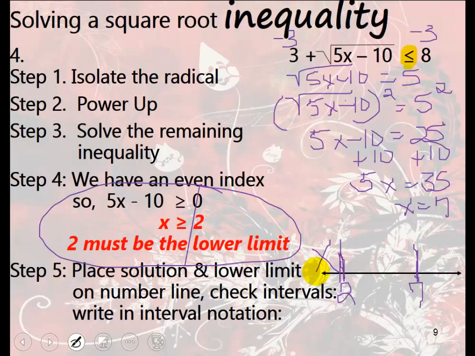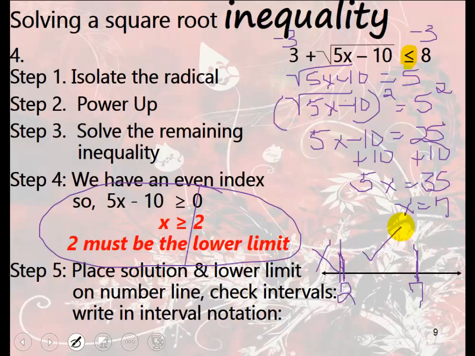3 plus root 10. So what do you get when you do 3 plus the square root of 10? You get 6.16. Is that less than 8? Yes. So I'm going to put a big check mark there. That's a good thing. And then I'm going to check a point outside here, greater than 7. So let's say I check 8.